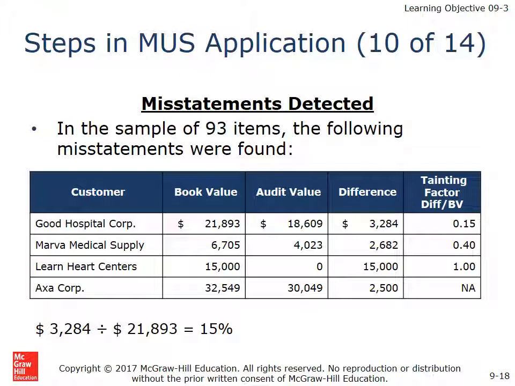In the sample of 93 items, the following misstatements were found. There's our book value and our audit value and the difference. We then compute what's called a tainting factor. All we do is take the difference between our book value and our audit value and divide it by our book value. So the tainting factor for customer 1 would be 15%, 2, 40%, and 3, 100%.